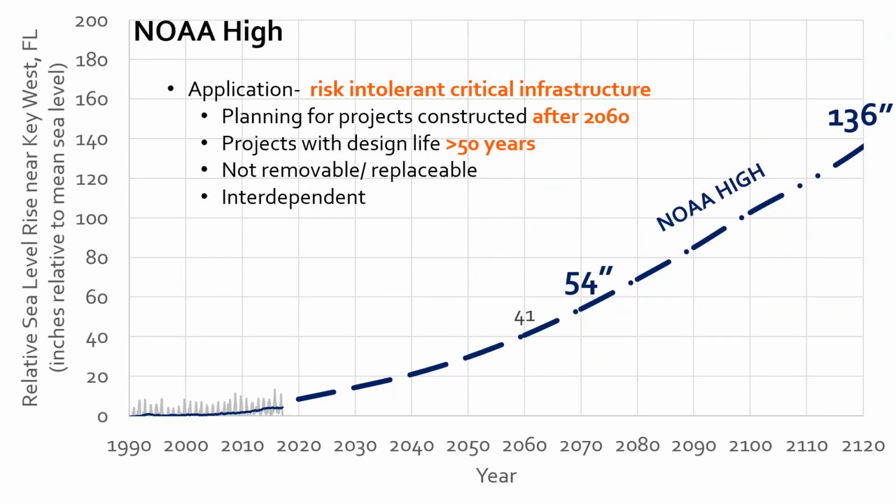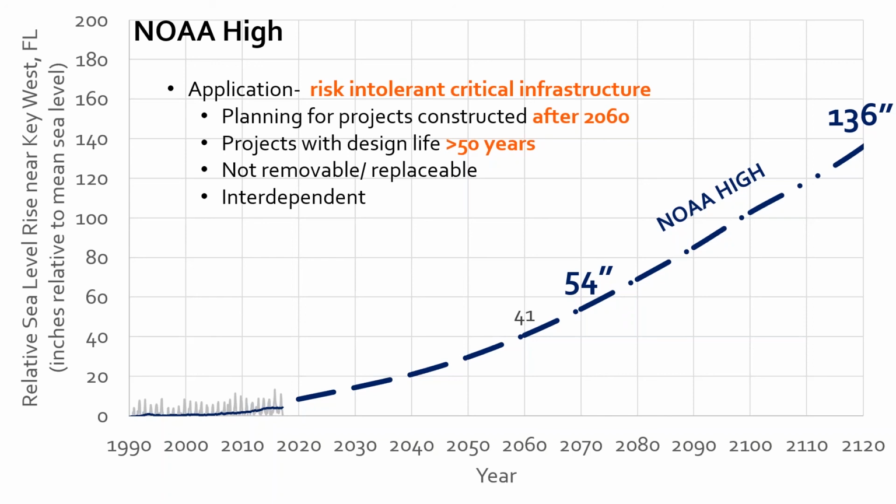If you have critical infrastructure that is risk intolerant, meaning that it cannot be allowed to fail, an example of this may be the nuclear power plants in Miami. It may be the wastewater treatment plants that are near the coast. It could even be a government center or government infrastructure that is essential to continuing operation of our municipalities.